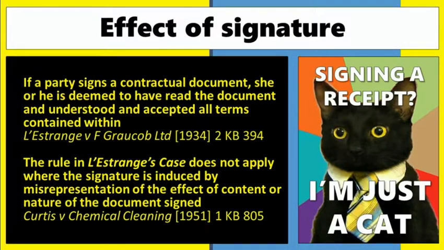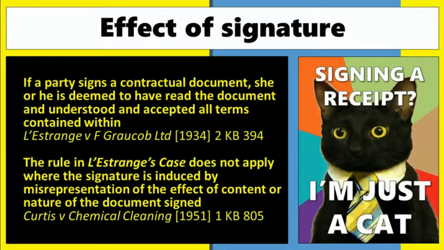Now I'm going to look at some specific rules involving written contracts, and we'll kick it off with Lestrange's case. This has been described by some jurists as the low point of contract law jurisprudence of the 20th century.